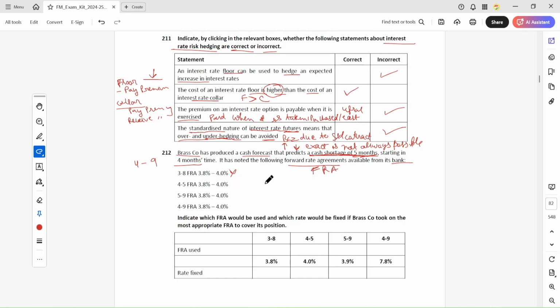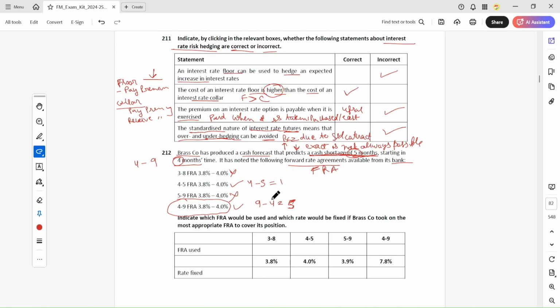This will start in 3 months, but it has to start in 4 months. This is right on the start, but it has to be for 5 months. So you can calculate by this: 9 minus 4 equal 5. So it will be for 5 months. So this one is the correct. This forward rate agreement we have to choose.